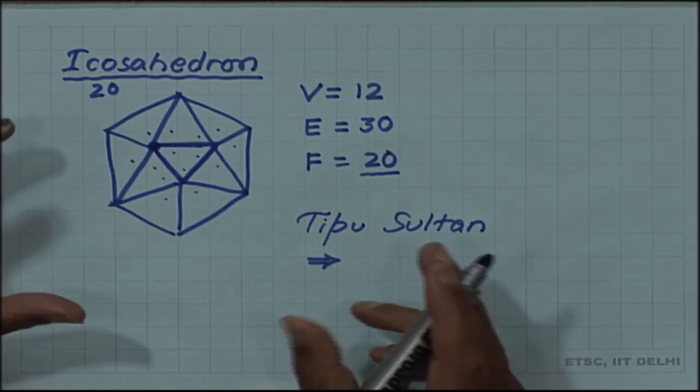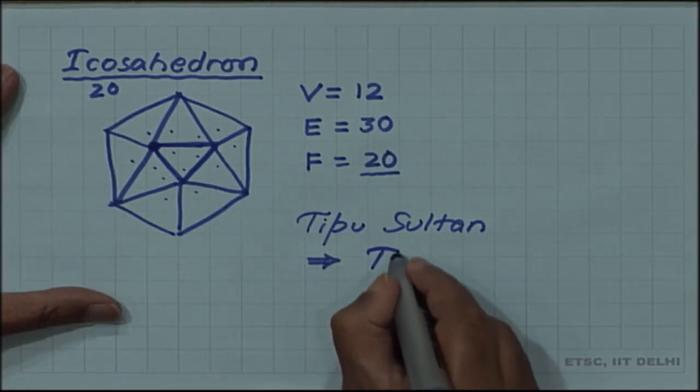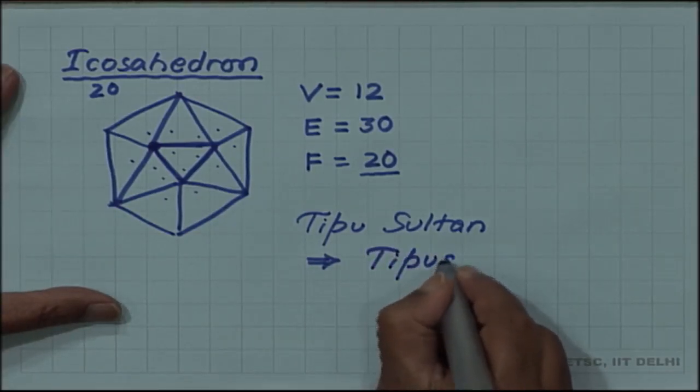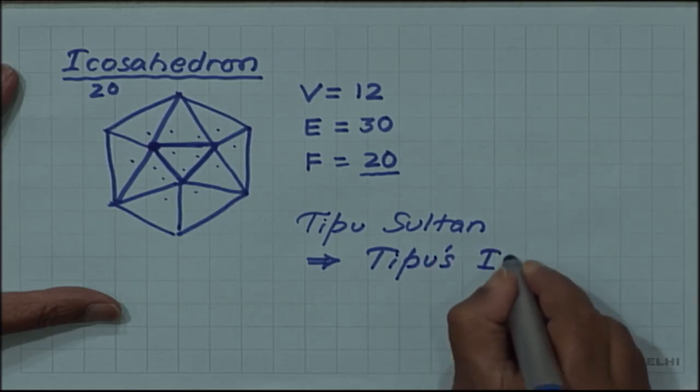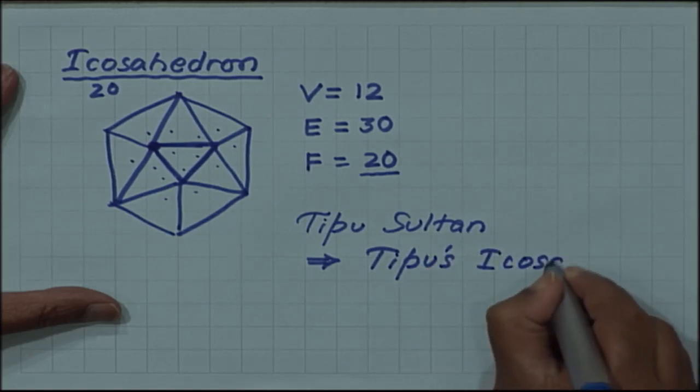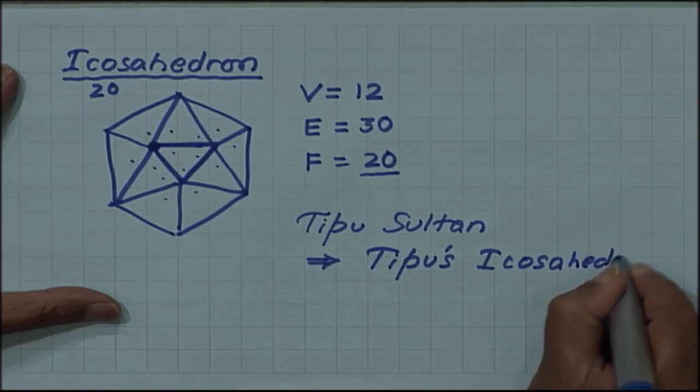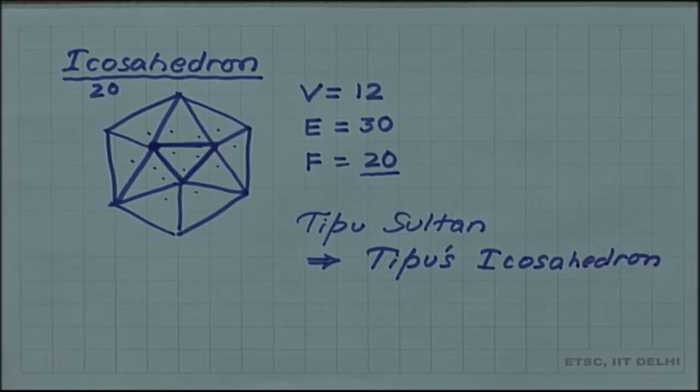He had an icosahedral box. So, you can Google search Tipu's icosahedron and you will get beautiful images of the golden icosahedral box which Tipu had made.